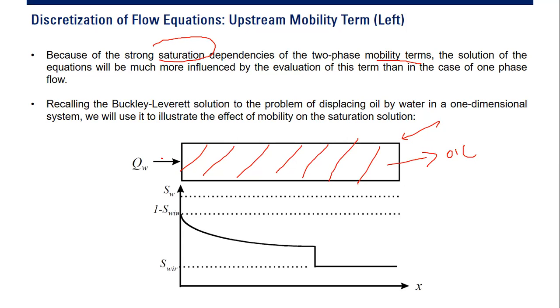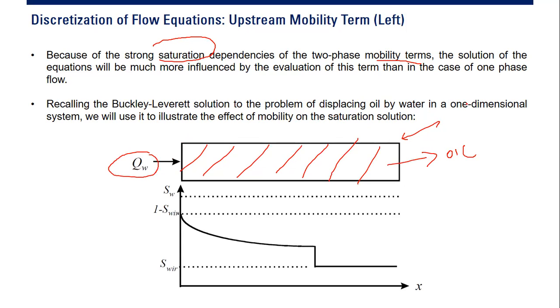We want to push the oil using water at flow rate of QW. So here we have the rock, the core containing oil, and we want to displace the oil using water. Now we want to plot the saturation profile.